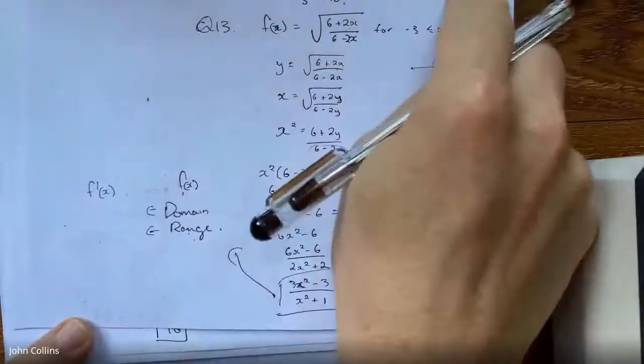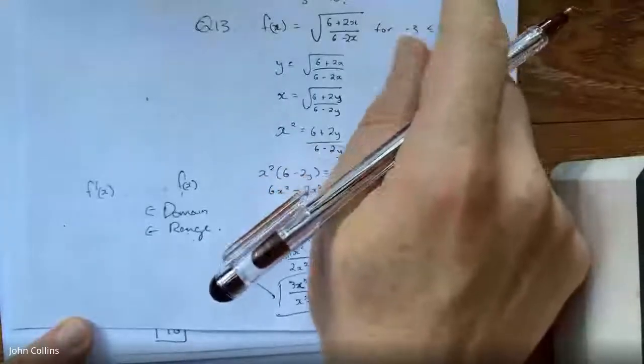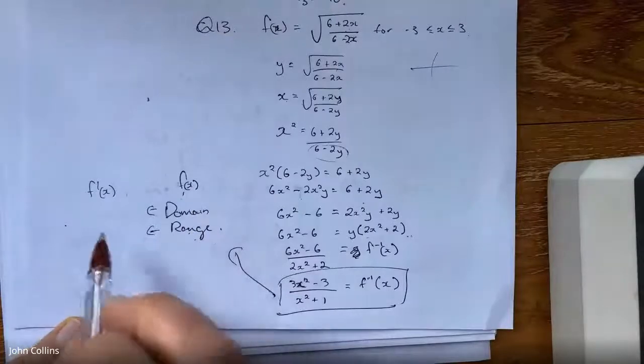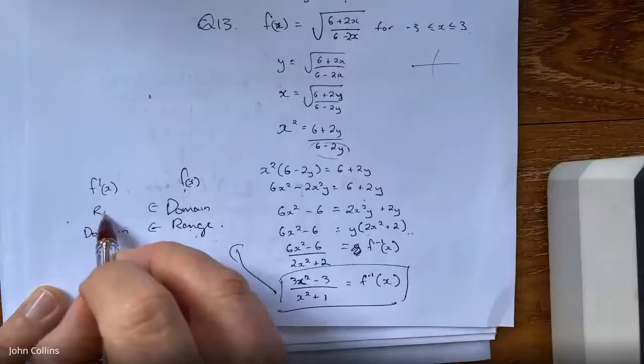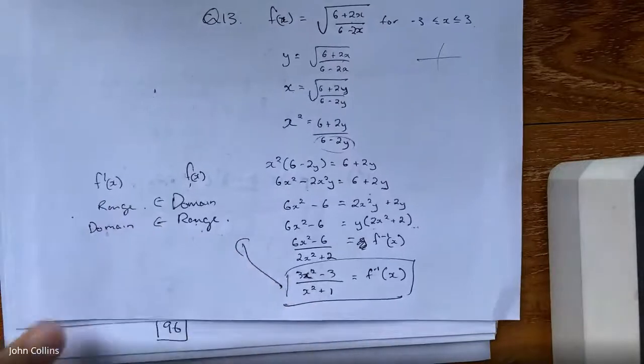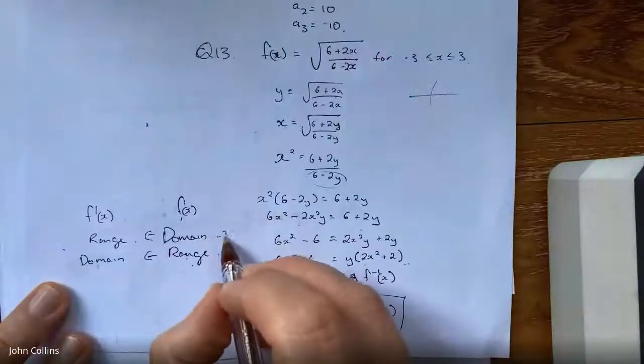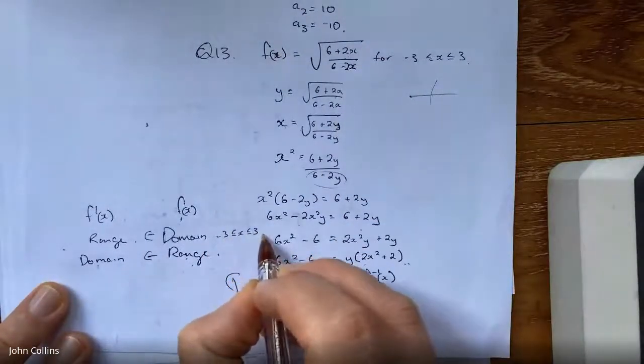So the domain becomes the range, and the range becomes the domain, doesn't it? Or does it? Yeah. Well, if it's inverse, it should be almost the exact opposite. Okay, so we know our domain from the original one. That was from minus 3 up to 3.